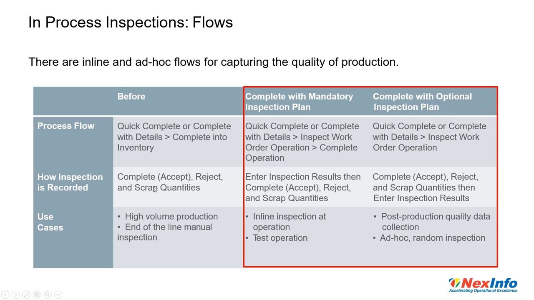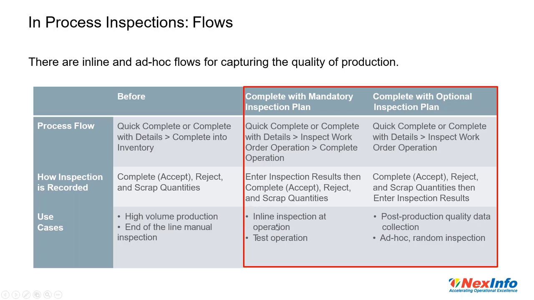They could at that point accept, reject, or scrap the quantities. With the quality management cloud implemented now, they do a quick complete or complete with details, and then the inspect work order operation automatically triggers, and then they complete that operation. At that point, someone enters the results as complete, accept, reject, or scrap the quantities.